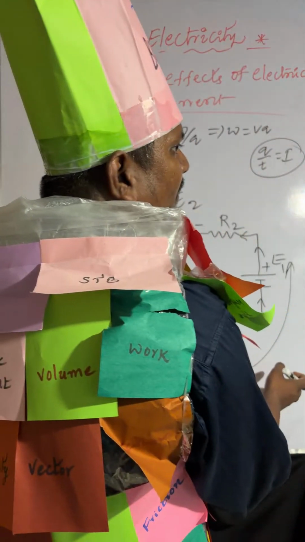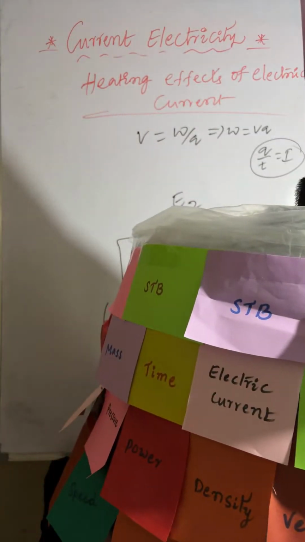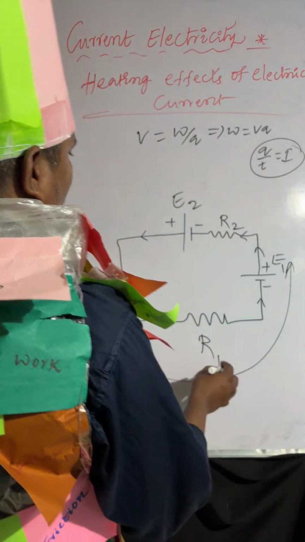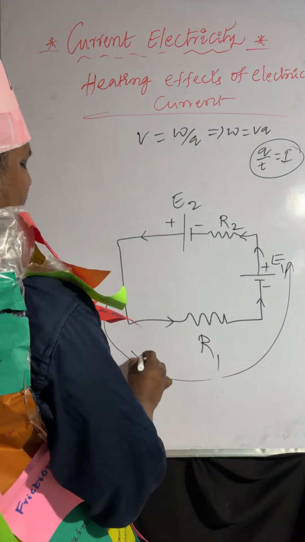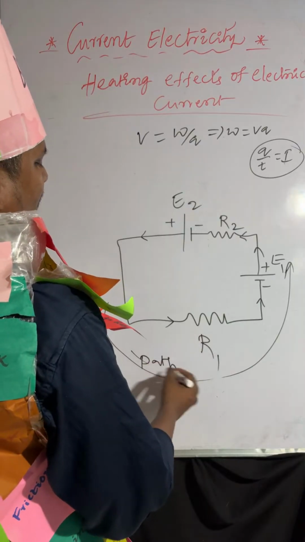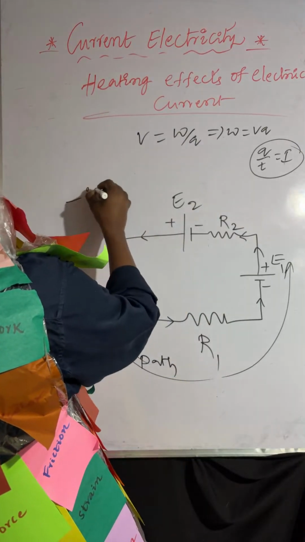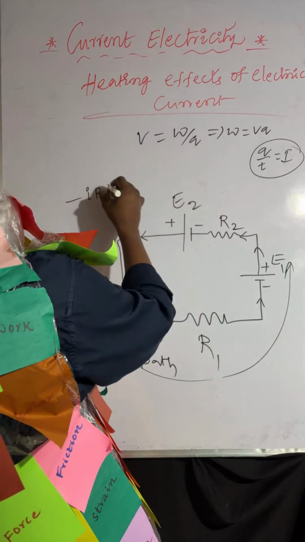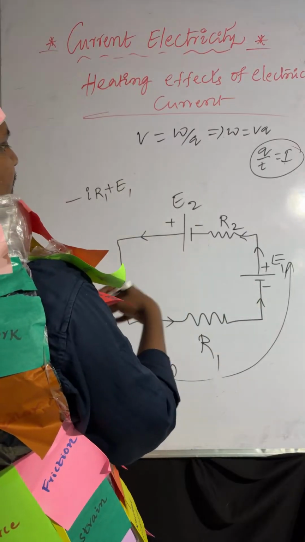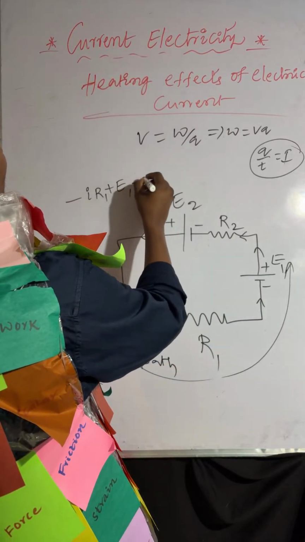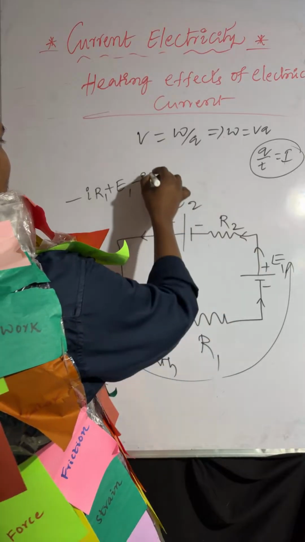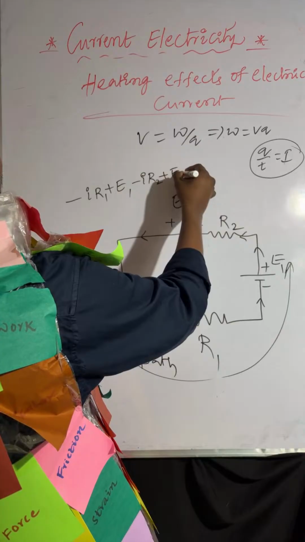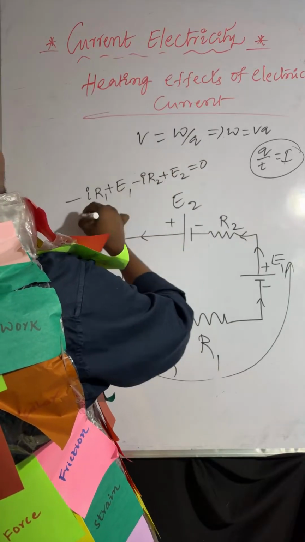I'm taking this path. Minus I R1. Here you can take positive or negative? Positive, in the same direction. Plus, same current, I R2. Then again positive, equal to 0.